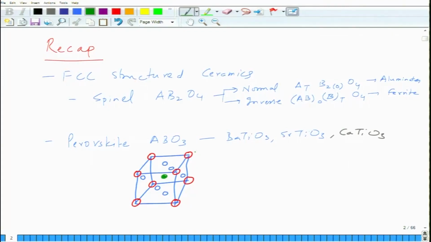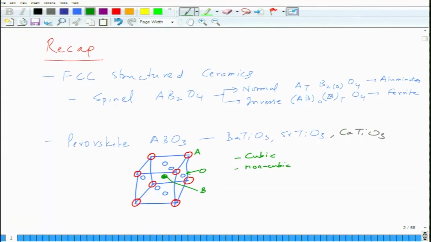So, this is A, this is B, and this is O. Perovskites exist in both cubic and non-cubic forms. What I have shown you here is cubic.